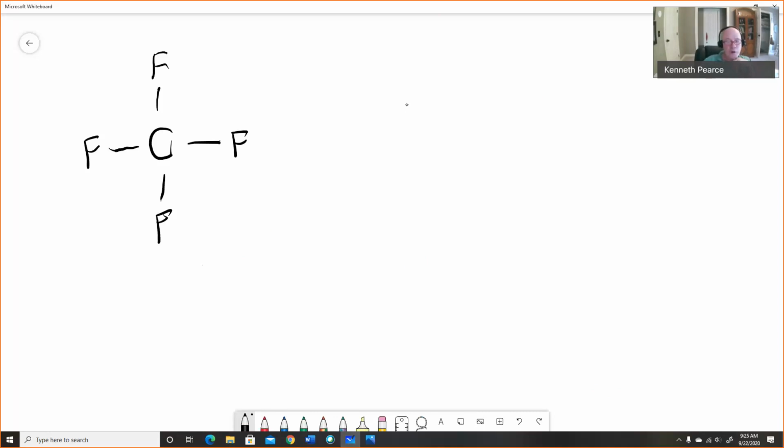The carbon-fluoride bond is quite polar, but they're pulling this way. And so the CF bond is polar, but they're all pulling equally away from the carbon. And so the whole molecule is nonpolar. It's a nonpolar molecule.